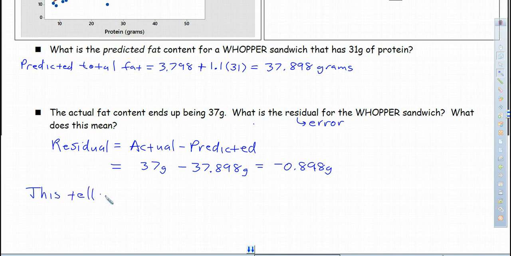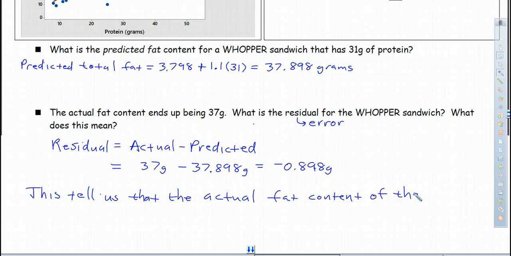So this tells us that the actual fat content of the Whopper had 0.898 grams less fat than was predicted.